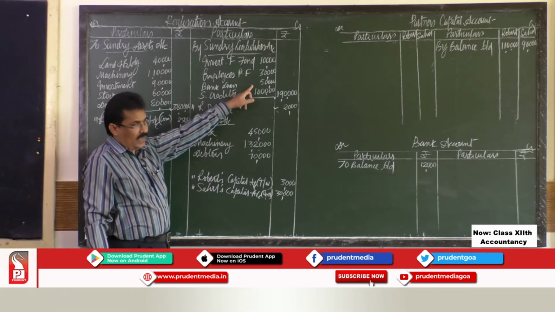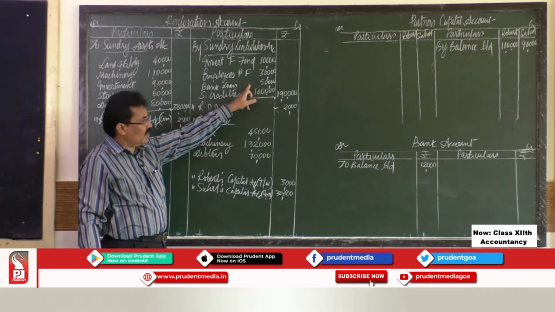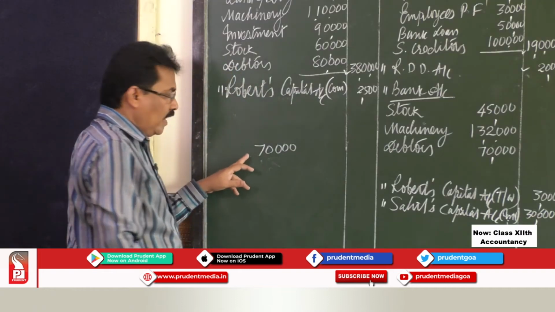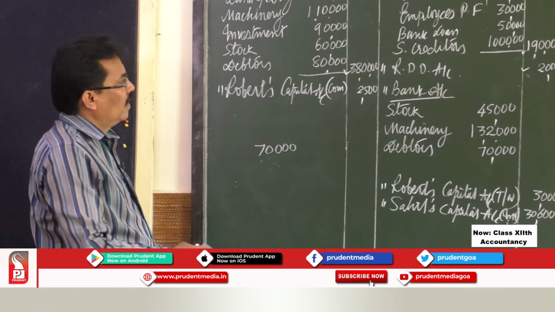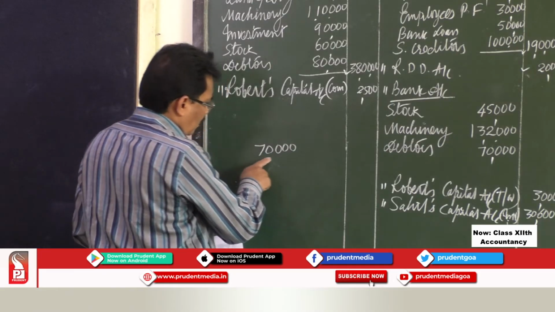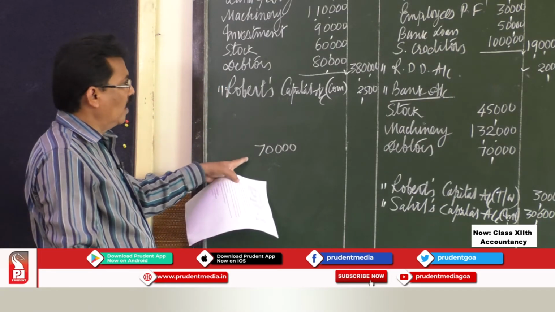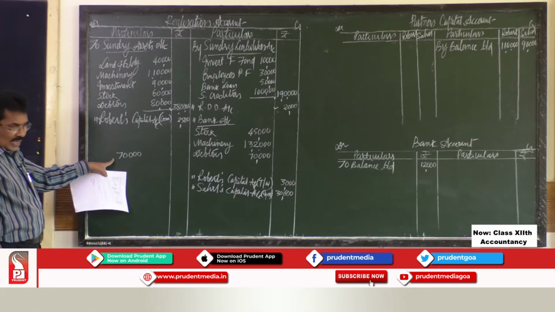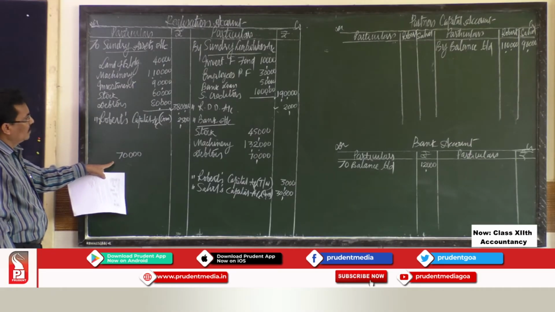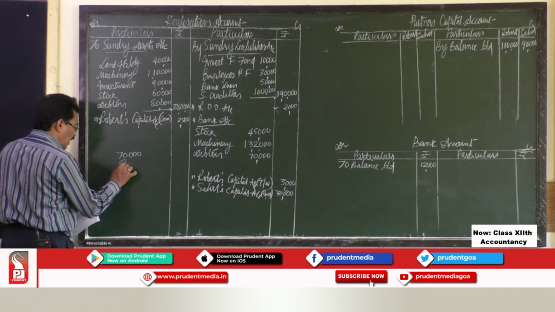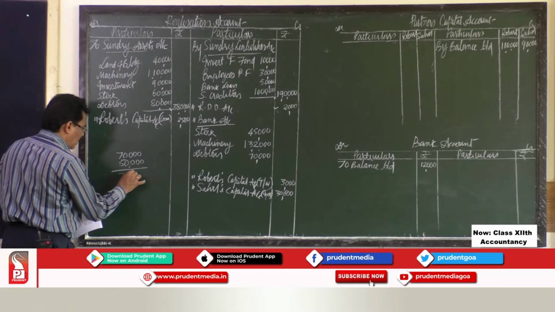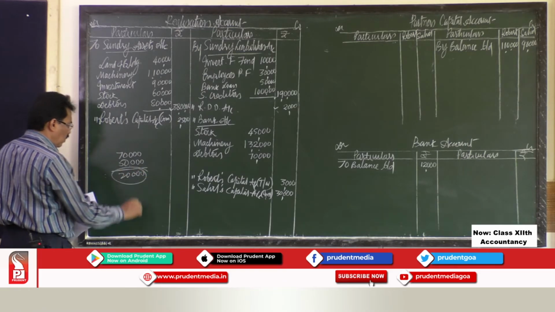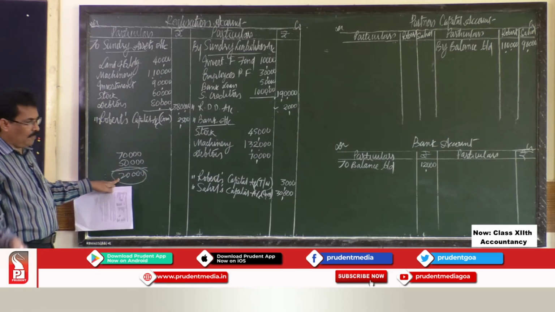We are supposed to pay 50,000 to the bank, but the bank took a building valued at rupees 70,000. Now the revalued figure of the building is 70,000, but we are supposed to pay only the loan of rupees 50,000. The excess amount, that is 20,000, is paid by the bank.